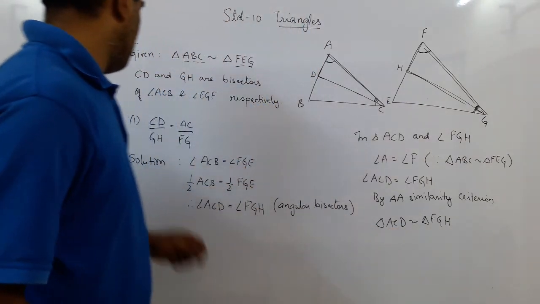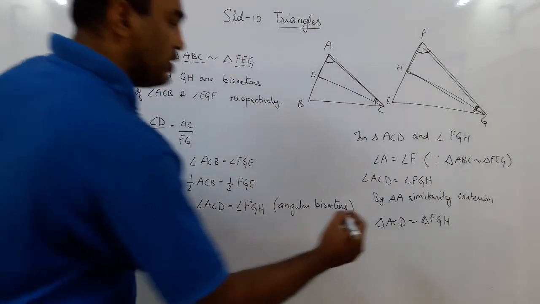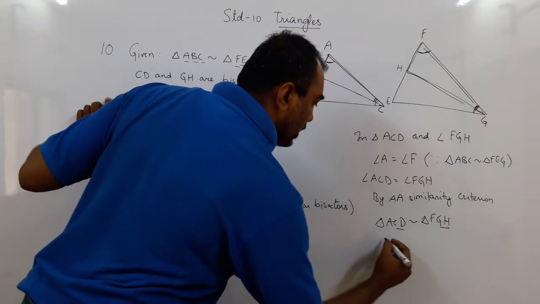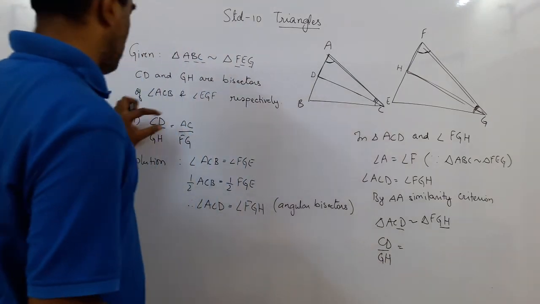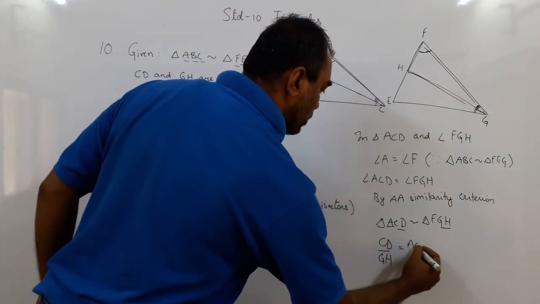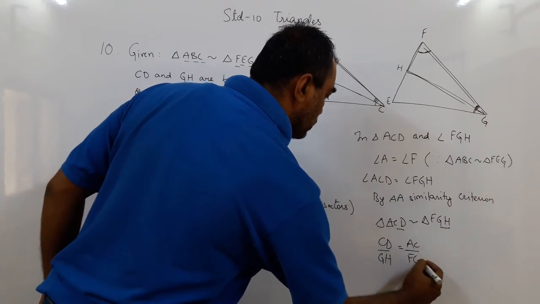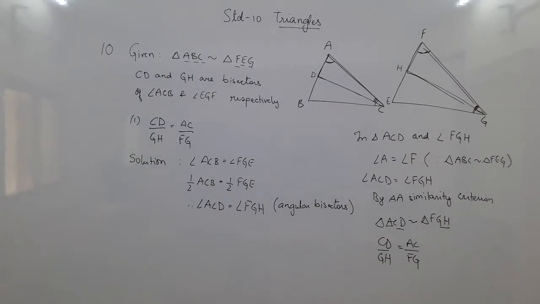And because they are similar, the ratio of the sides will be equal. So I have got CD upon GH equal to AC upon FG. So the first part is proved. Okay, this was the first part we have proved.